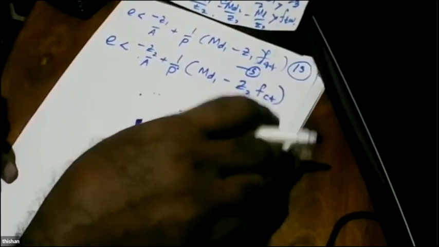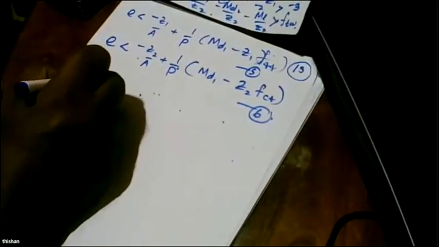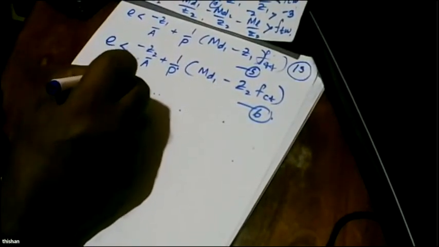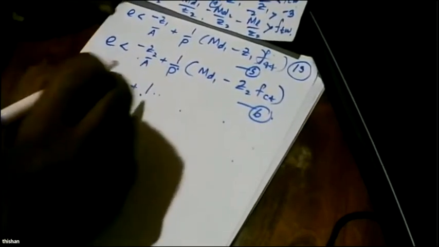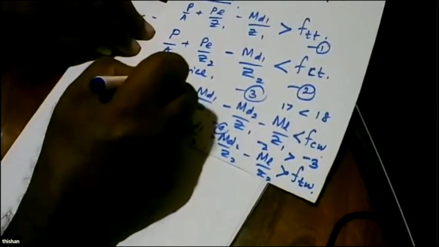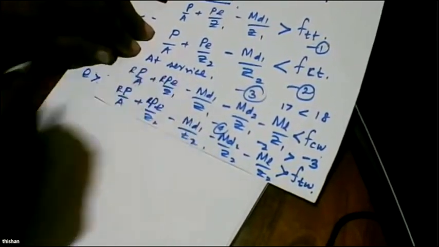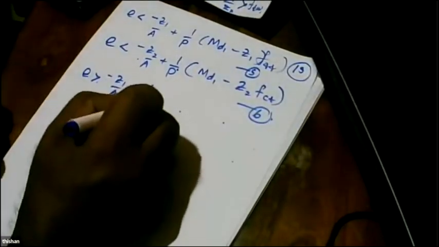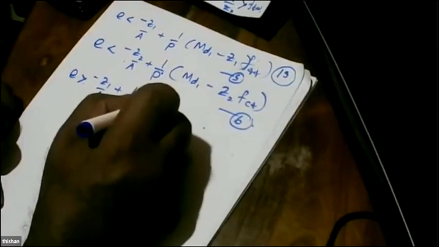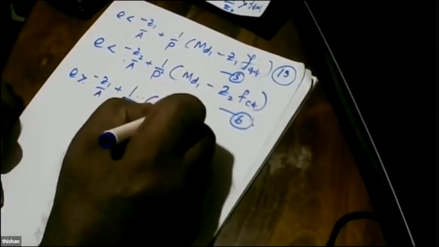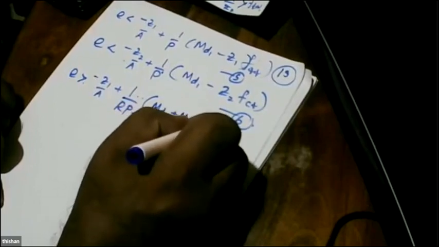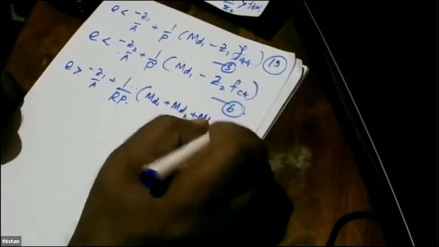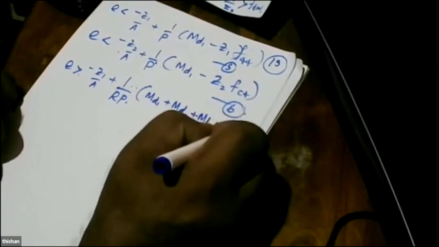Now, if you look at the last two equations, you will find E should be greater than minus Z1 over A plus 1 over RP. When I am writing, I should have written RP because we have the losses under service. So you get 1 over RP, MD1 plus MD2 plus ML, minus Z1 times FCW.